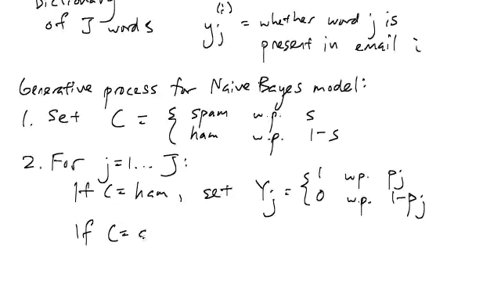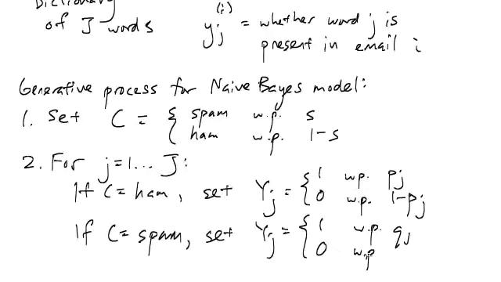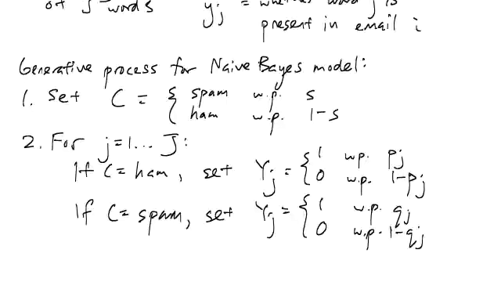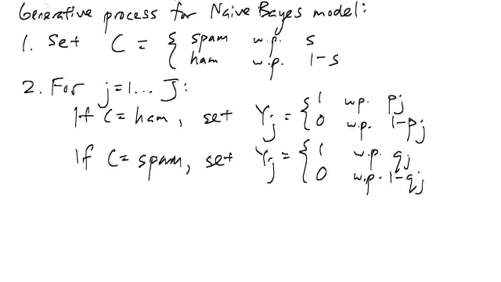Instead, if C is spam, then we'll set Yj to be equal to 1 with probability Qj, and 0 with probability 1 minus Qj. And so, very importantly, Pj does not have to equal Qj. So this is important because what we're saying is that depending on whether the email is spam or ham, how likely a word is to occur is different across spam and ham. So, for example, if you see a word like Viagra, then it's probably more likely that the label is spam rather than ham.